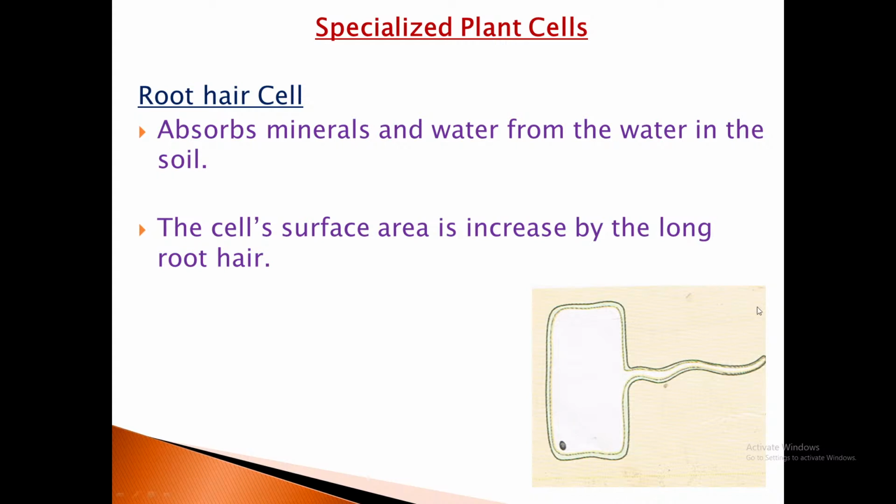There is some mistake there, but basically what it is saying is that the root hair is what absorb the mineral that you will find in the water in the soil. Second pointer, the cell's structure, the cell's surface area is increased by the long root hair.